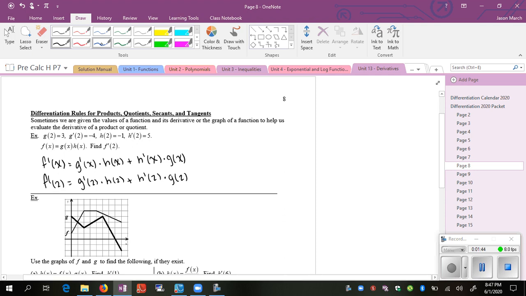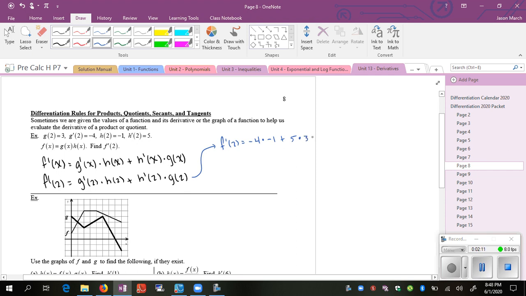So change my color up and rewrite it up here. So we have f prime of 2 is equal to g prime of 2, which is negative 4, times h of 2, which is negative 1, plus h prime of 2, which was 5, times g of 2, which was 3.